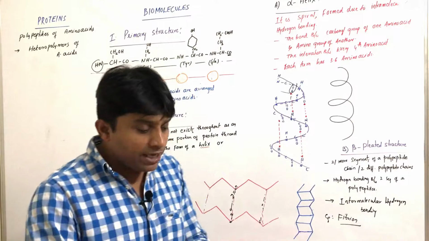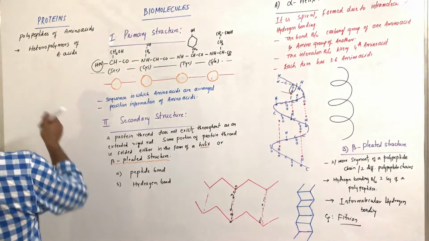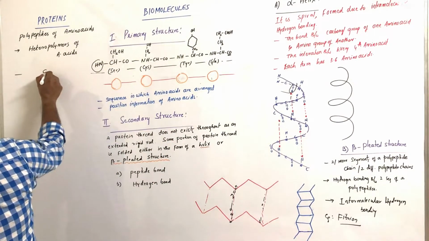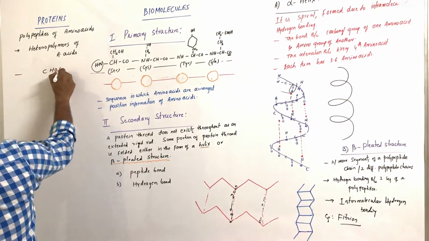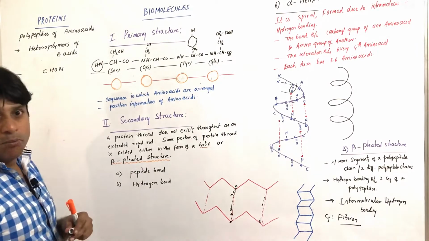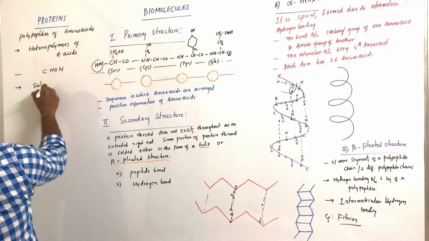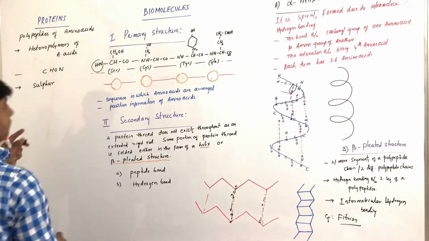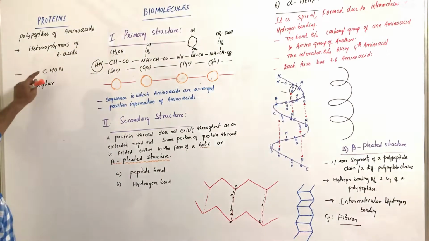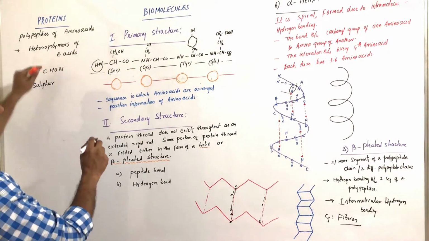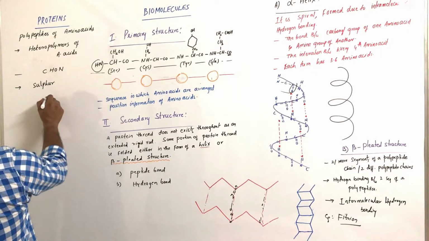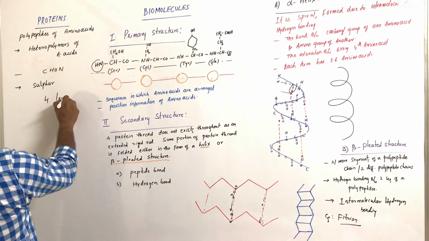Okay, and proteins are composed of elements like carbon, hydrogen, oxygen and nitrogen. Sulfur is also present in most of the proteins, right? Next, protein structure can be studied under 4 levels.